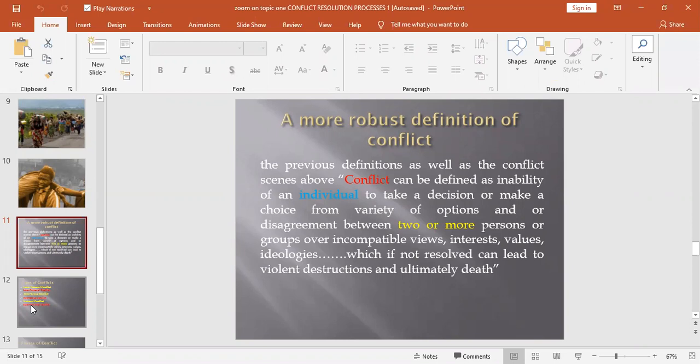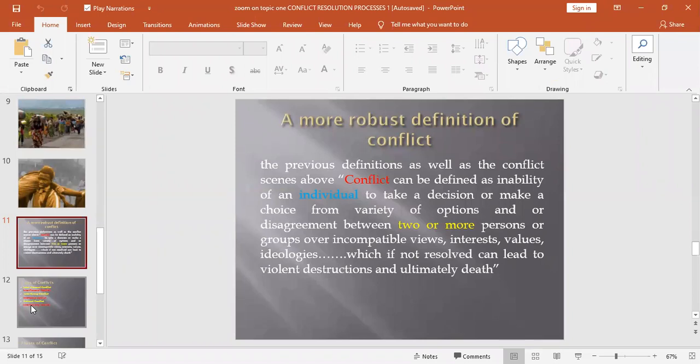And I define conflict as the inability of an individual to take a decision or make a choice from a variety of options, and/or disagreement between two or more persons or groups over incompatible views, interests, values, ideologies, which, if not resolved, can lead to violent destruction and ultimately death.